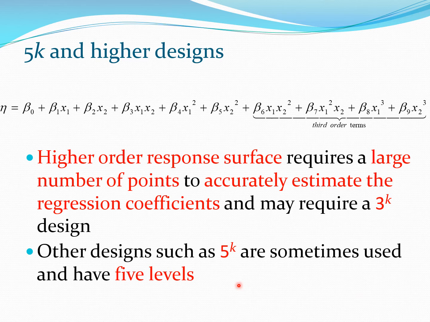People have used designs such as 5K, for example, where you have 5 levels. And here you can picture these levels as being high, low, medium, as well as 2 levels between medium and high and between medium and low. So again, you could conjure up designs such as 7K, 9K and so on. You could have a plethora of points spanning the design space.